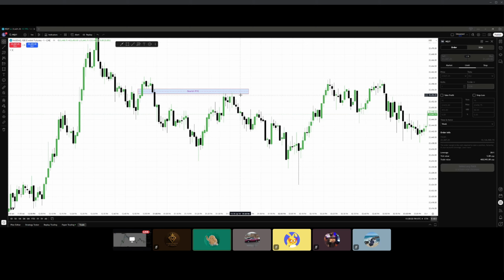I'll risk 25% of the total drawdown to sometimes 50%, depending on how good the trade setup looks. Typically it's 25%. Don't like to go past that. It's very rare I've done anything past that. So please don't do 50% unless you really know that the market's going to run in your favor.